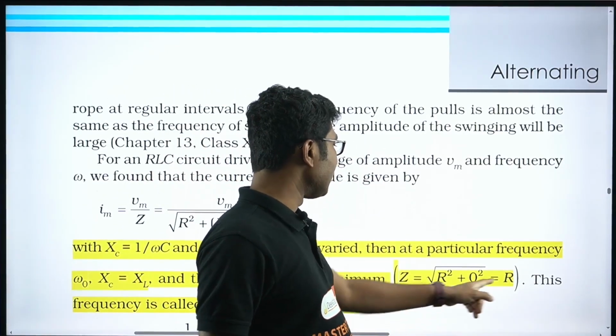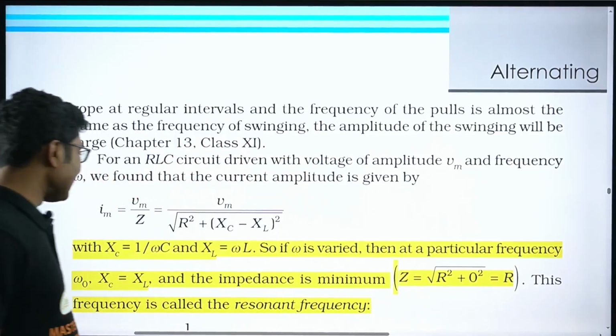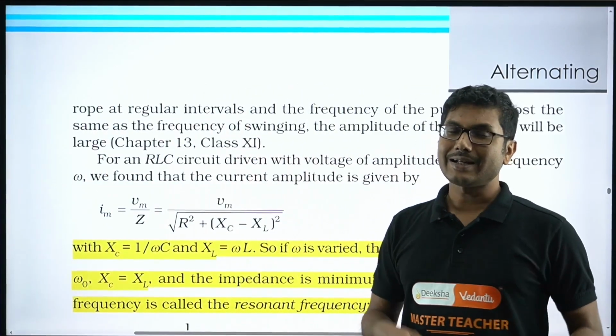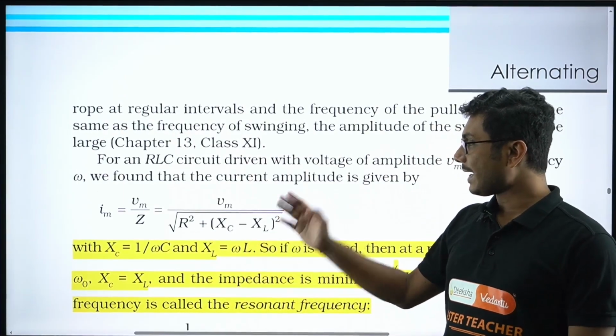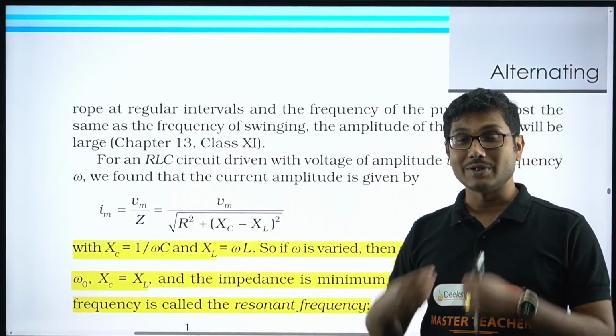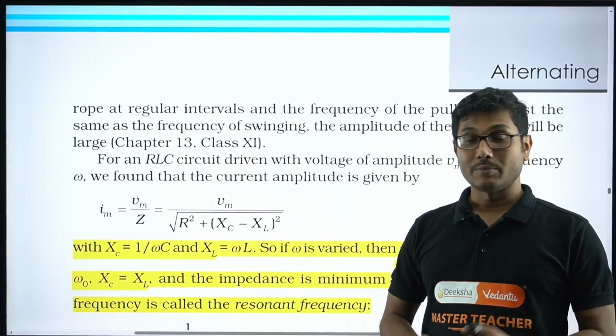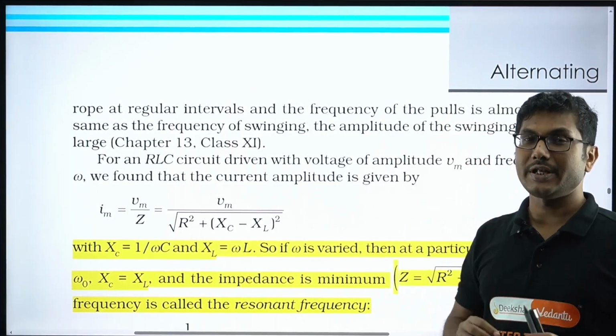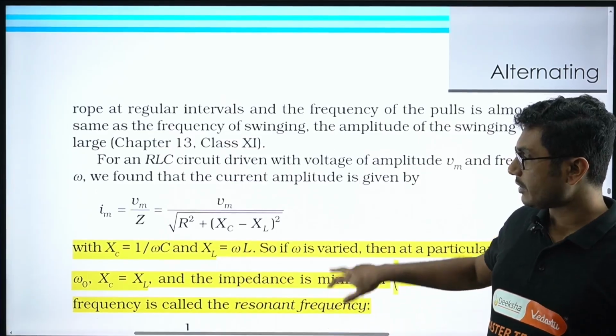So Z equals R. This frequency is called resonant frequency. So at a certain frequency, when XL equals XC, both values match, and at that point the circuit is only a resistive circuit. There is no capacitor or inductor.